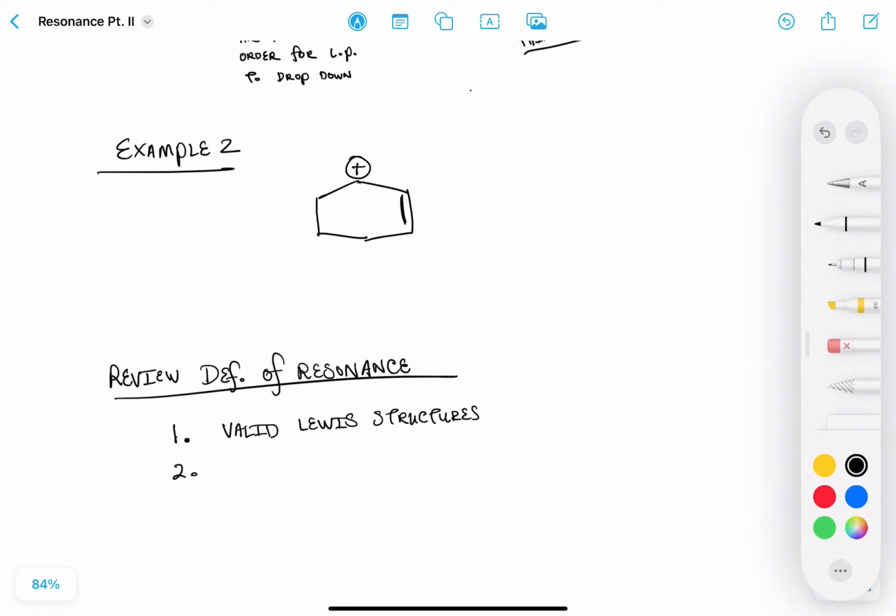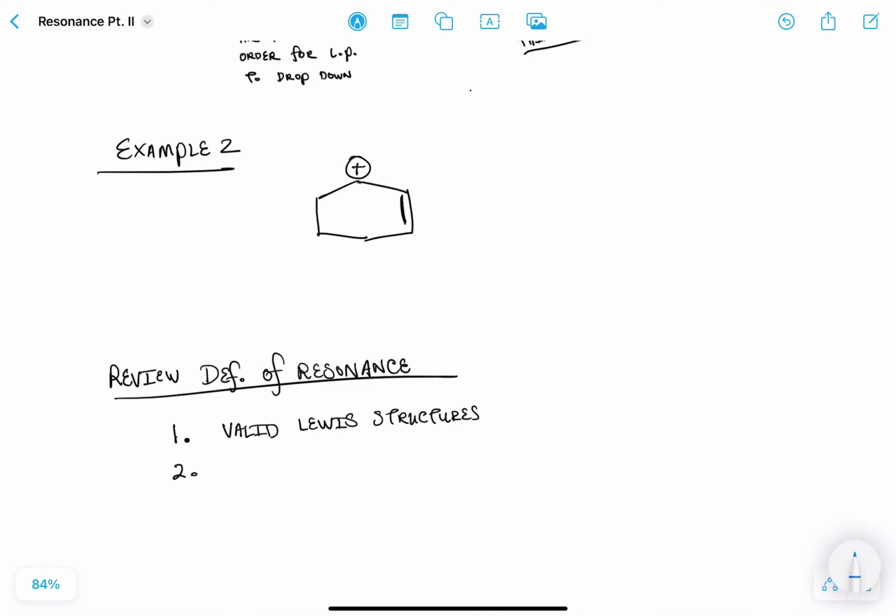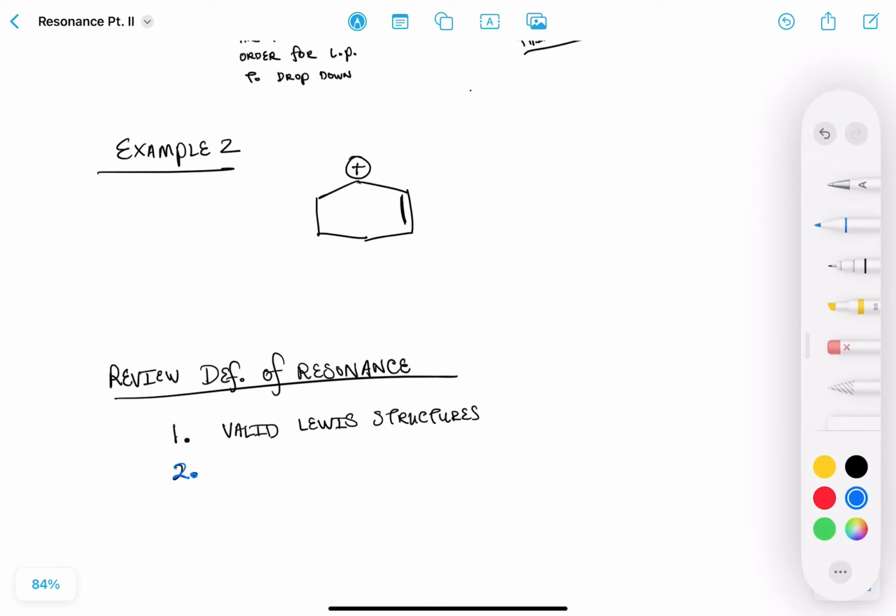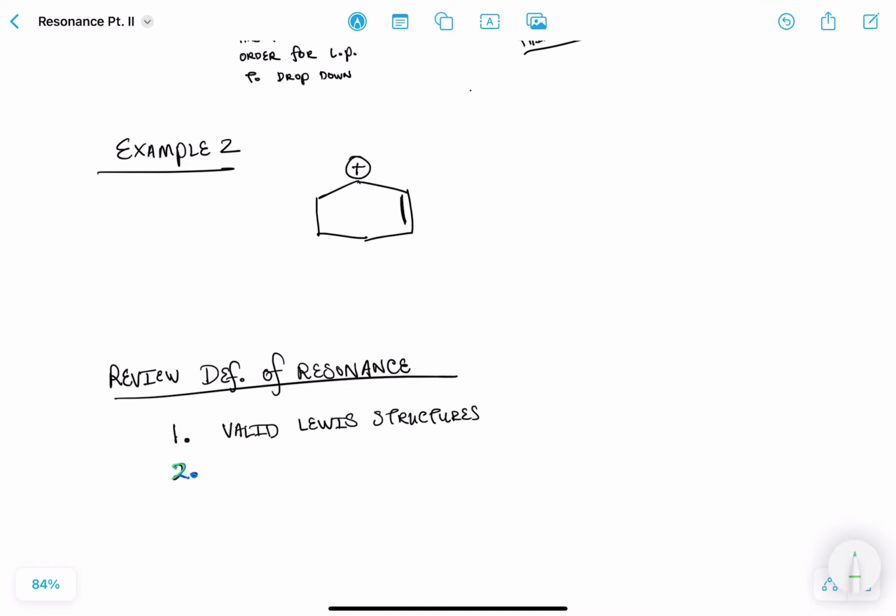Two, I'll write it in green to stay faithful to the last lesson, we have the same connectivity of atoms, essentially the same backbone.